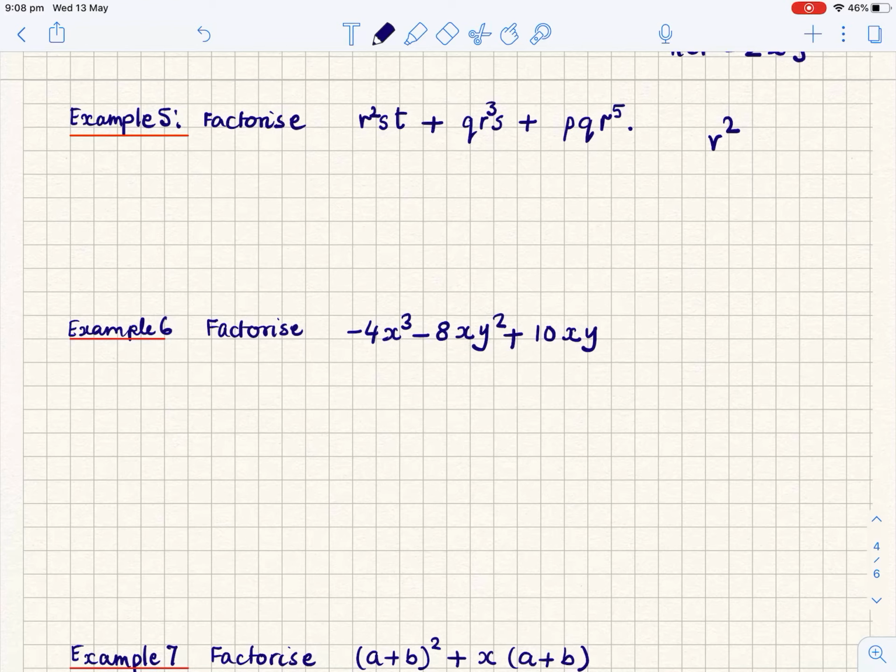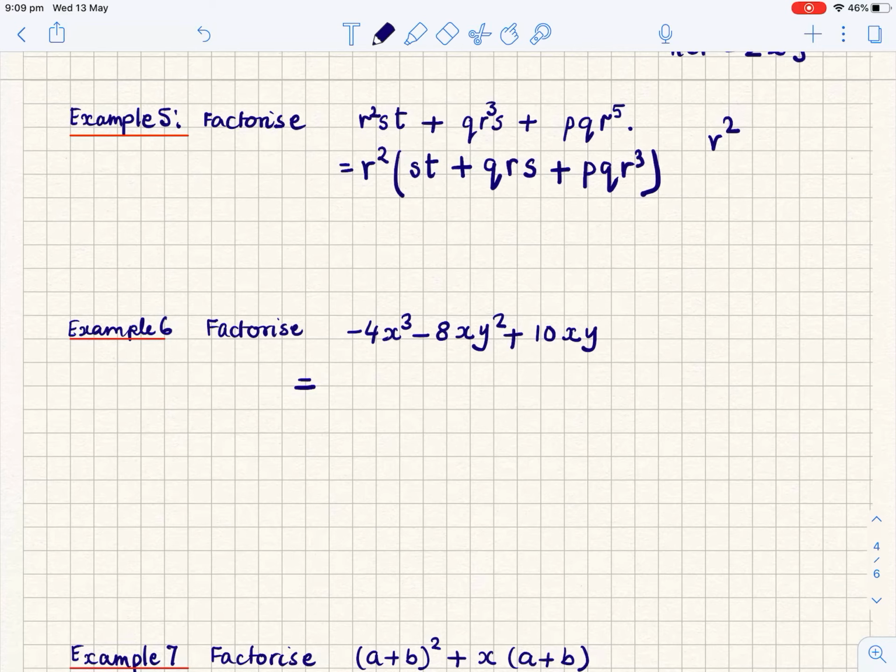And t we do not have in every term. So the only letter common is r, with the lowest power, squared. If you divide the first term r squared st by r squared, we are left with st. If you divide qr cube s by r squared, we get qrs. And from the third term, if you divide by r squared, we get pqr cube. Now nothing more common, so that's our final answer here.